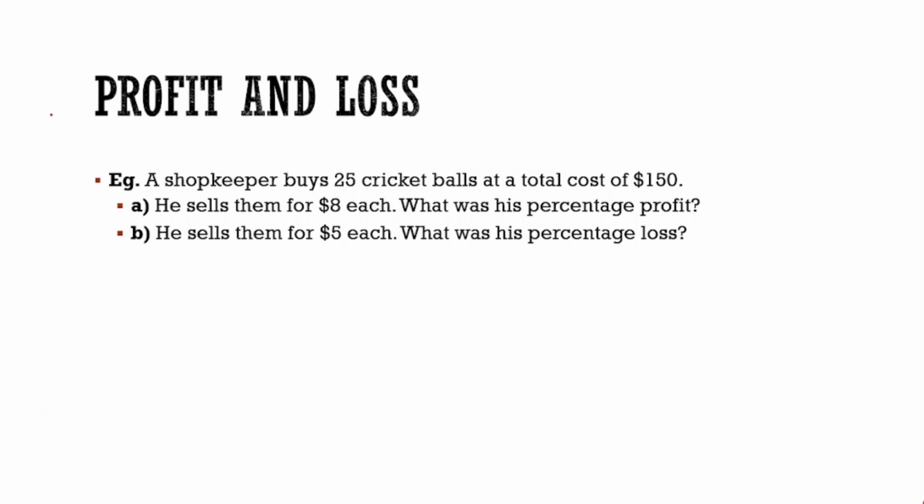So for us, the information that we have is that this store owner bought 25 cricket balls at $150. So that $150 represents the cost price or CP for 25 balls.